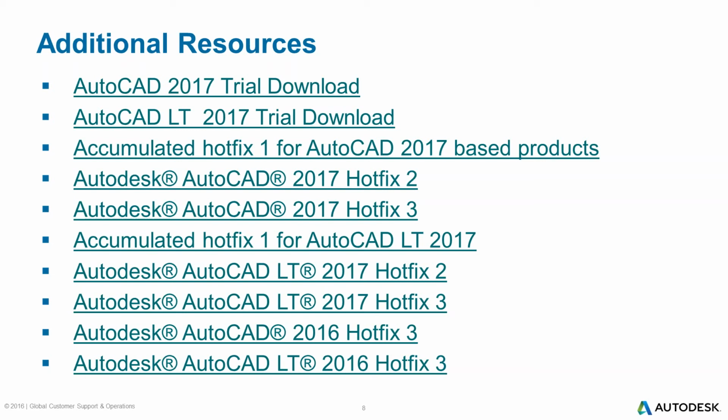One thing I will mention is Hotfix 3 for AutoCAD and AutoCAD LT 2017 has a fix in it for migrating custom settings, which was sometimes problematic with the out-of-the-box version of the software. So if you are trying to use 2017 and having a problem migrating settings from a previous release, make sure you have Hotfix 3 installed, and that should work much better for you.